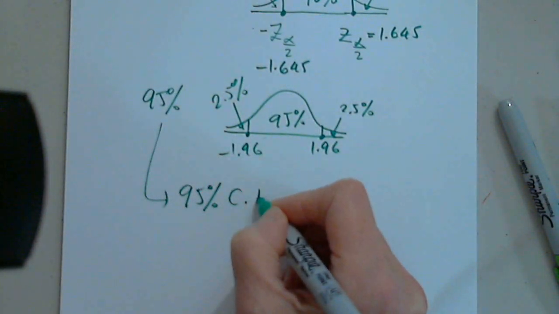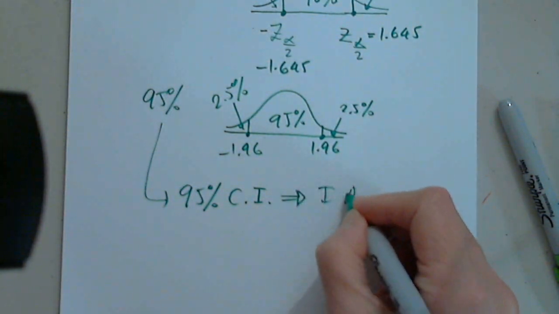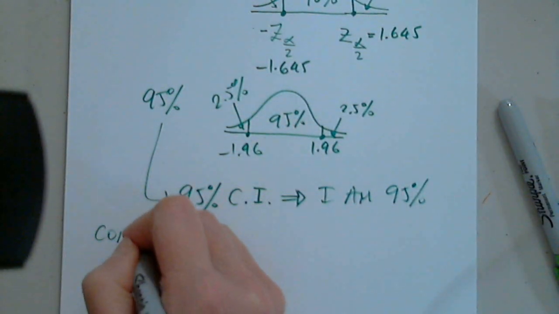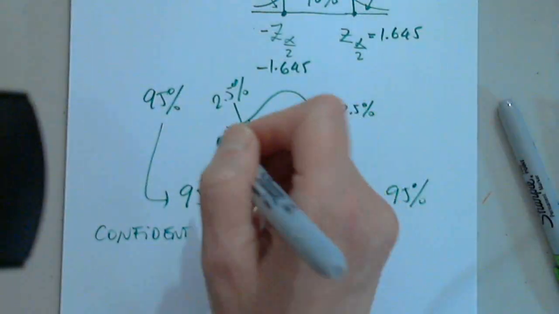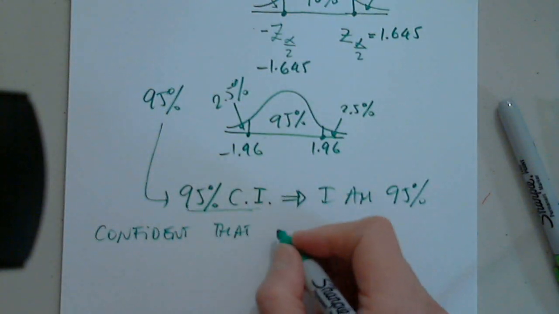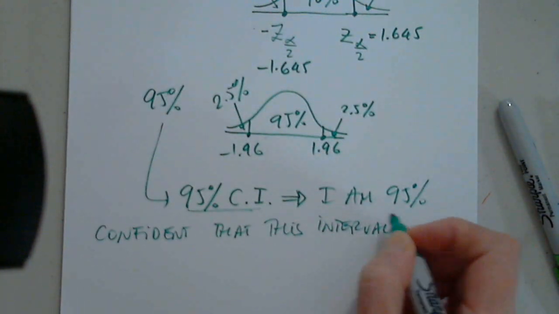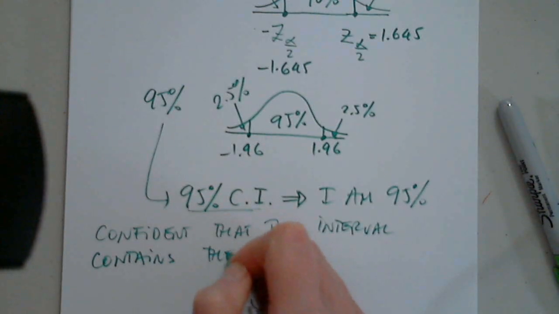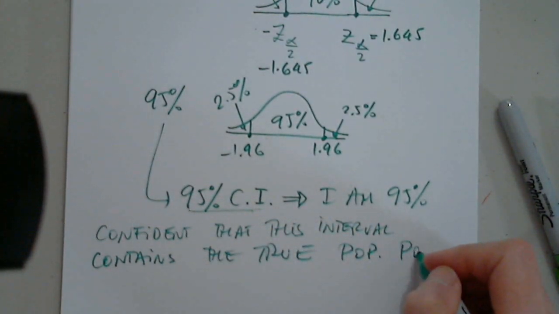I'm going to write this sentence here. A 95% confidence interval means I am 95% confident that this interval contains the true population proportion.